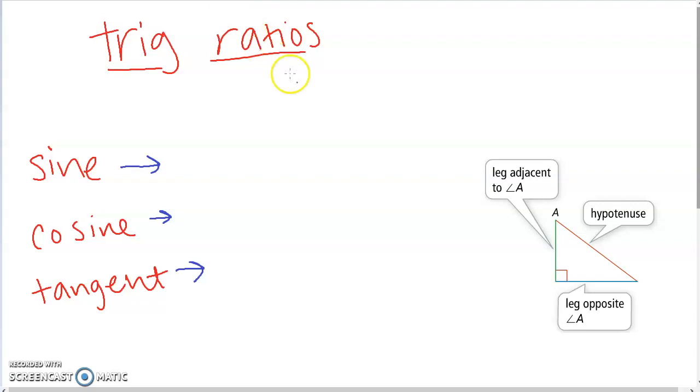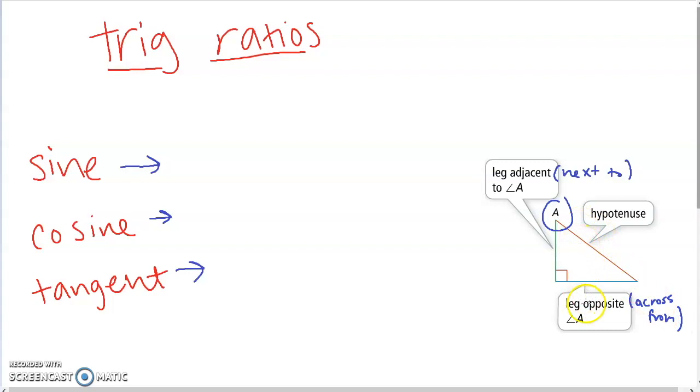The first term that we need to define is adjacent. Adjacent means next to. So if this side right here is adjacent to angle A, it means it's right next to it. The next term is opposite, and this means across from.